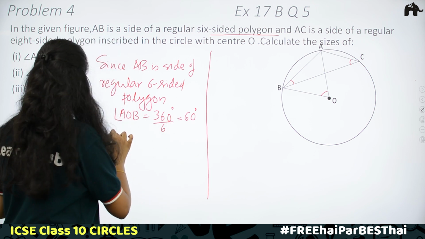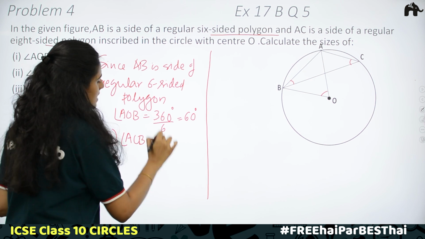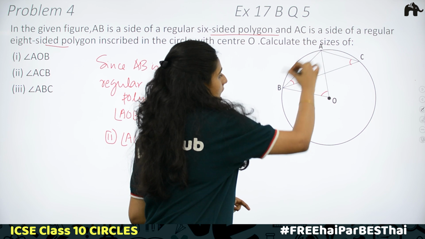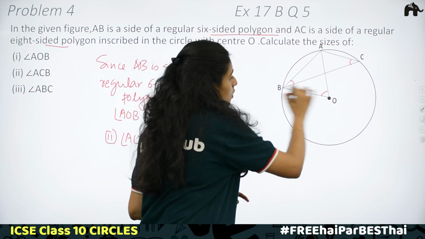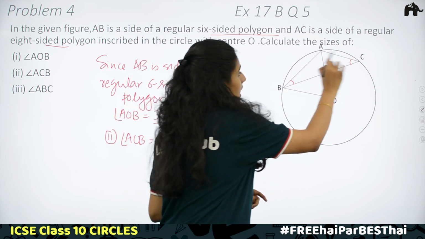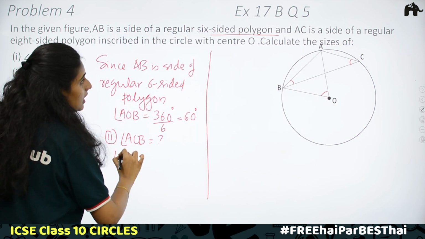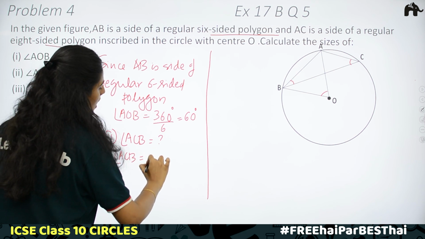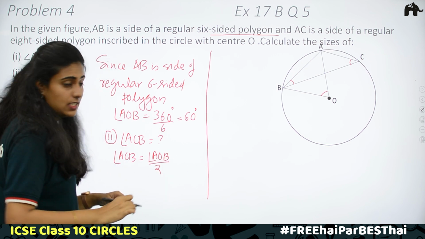Now, the second one, we have to find angle ACB. How to find ACB? Where do we have ACB? This is ACB. This arc AB or the chord AB subtends angle AOB at the center and ACB on the circumference of the circle. Therefore, angle ACB will be equal to angle AOB divided by 2. What is the reason?